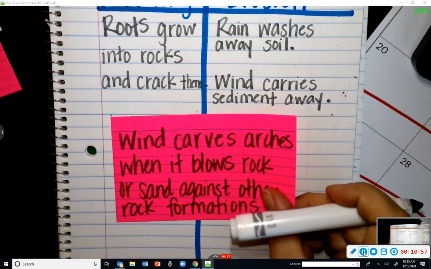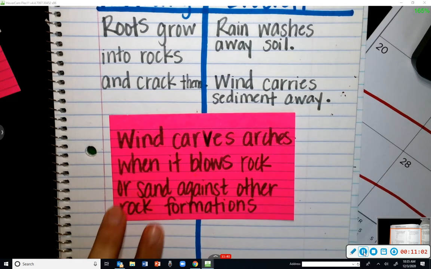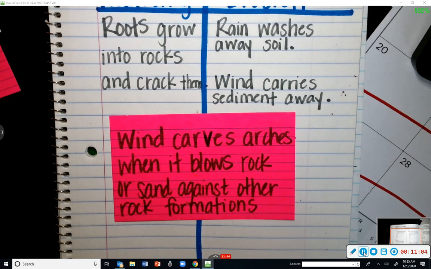Here's your next one. Wind carves arches when it blows rock or sand against other rock formations. So think about it. Is it moving anything or is it just wearing it down? Don't shout it out. We got our answer.